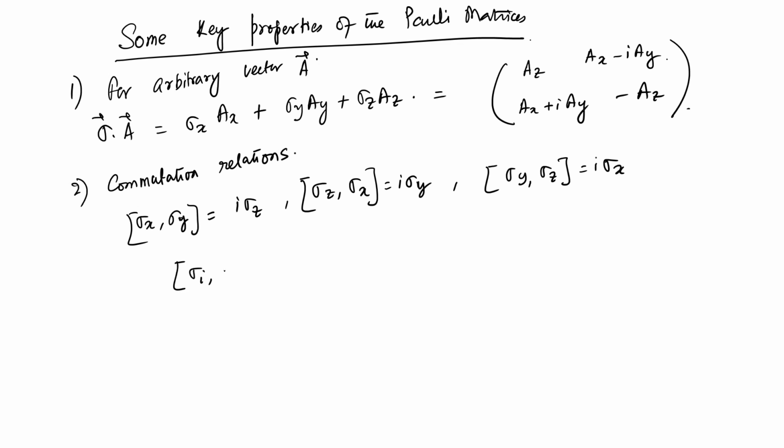So, sigma i, sigma j in general is equal to i epsilon i j k sigma k, very similar to what I have spoken for any general spin operators, or any general angular momentum operators. Okay. This has some special relations, which are the anti-commutation relations.